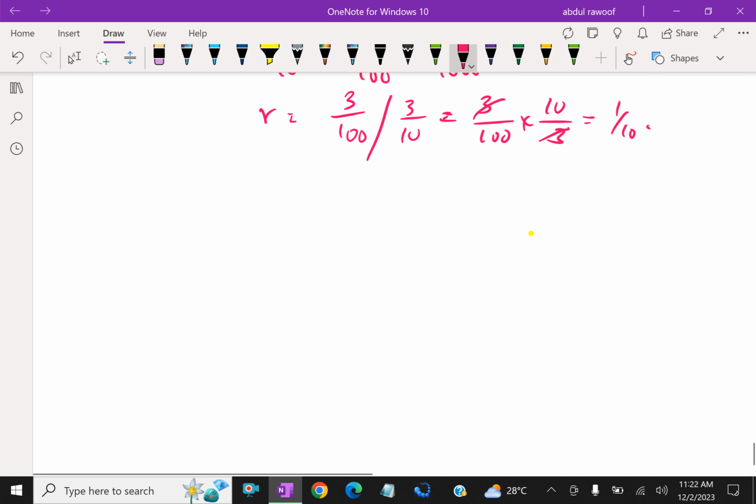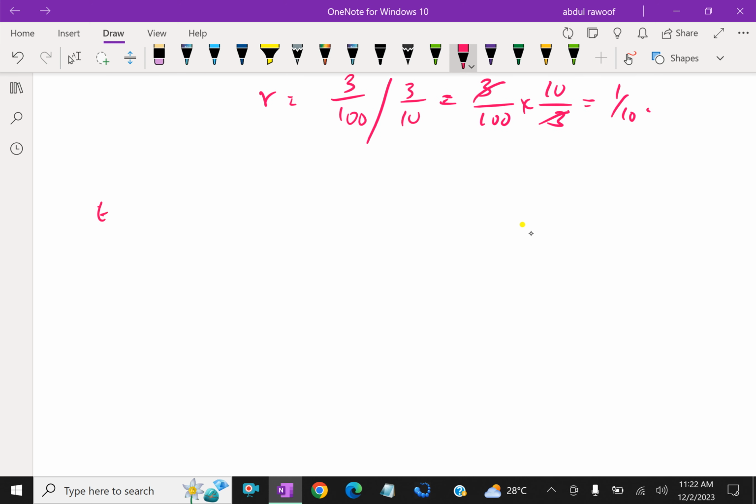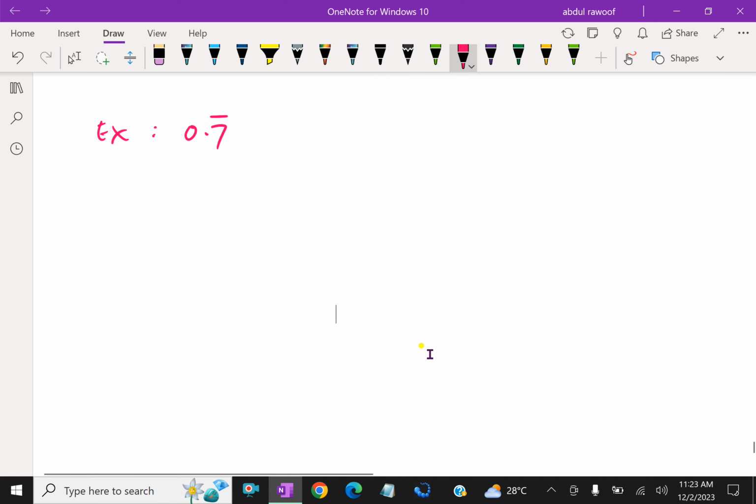Now, for example, we have to find 0.7 recurring in rational form. This is a recurring decimal. How do we make it a rational number? That means a fraction equivalent to 0.7 recurring.